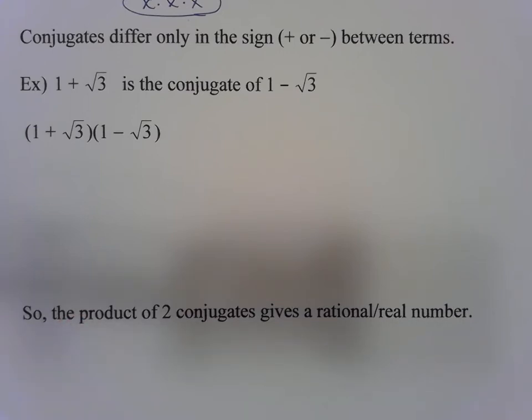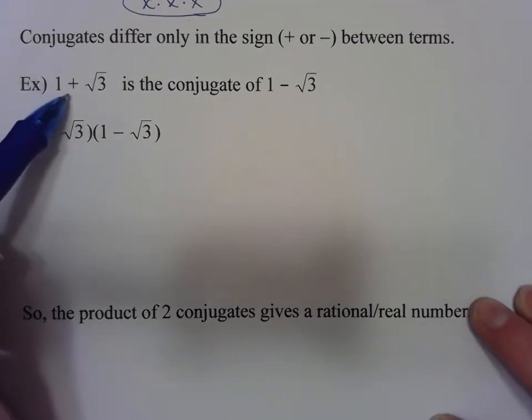A conjugate is something that differs only by the sign in between the terms. In this section, because we're talking about square roots and radicals, one of the pieces will have a radical and the other will not, usually. So actually, I guess that doesn't have to be the case. I'm confusing myself now.